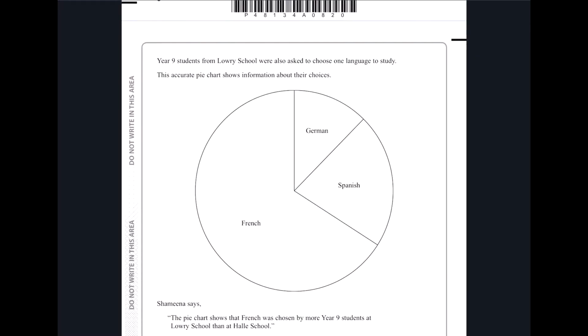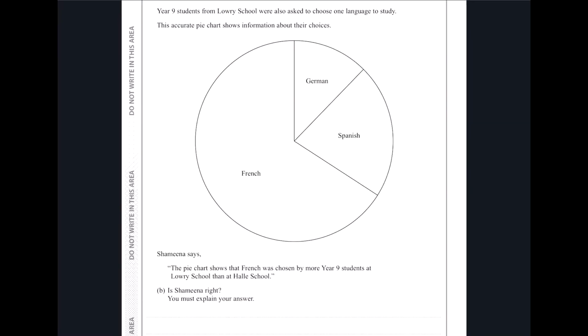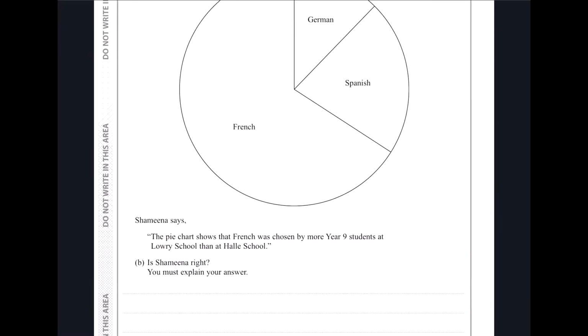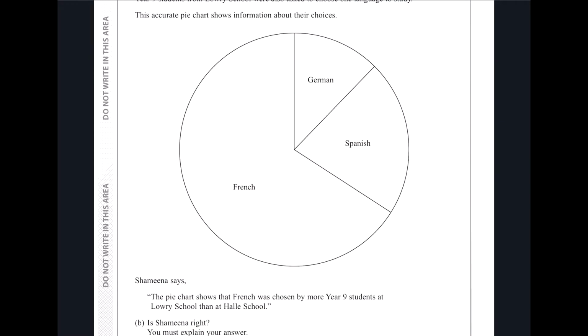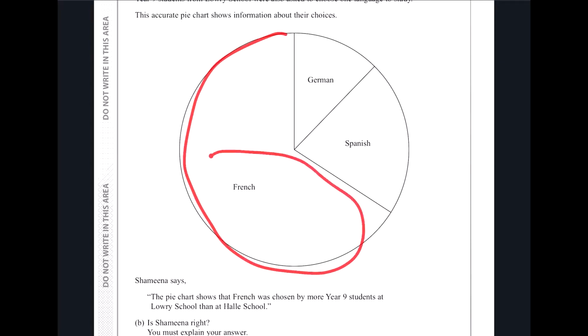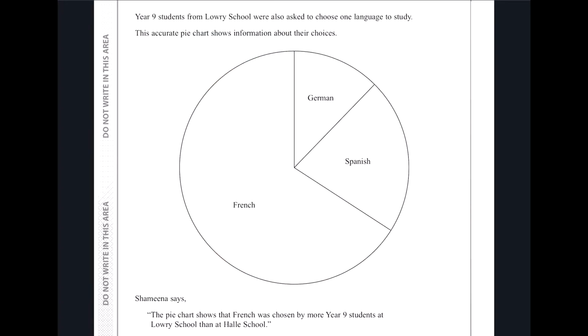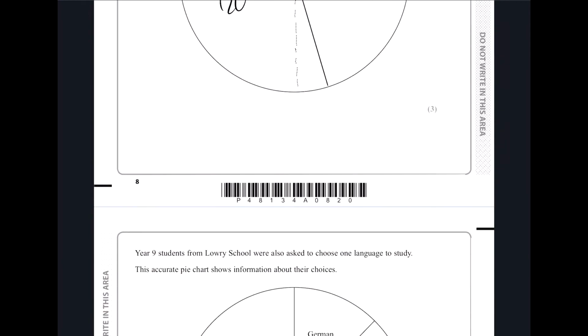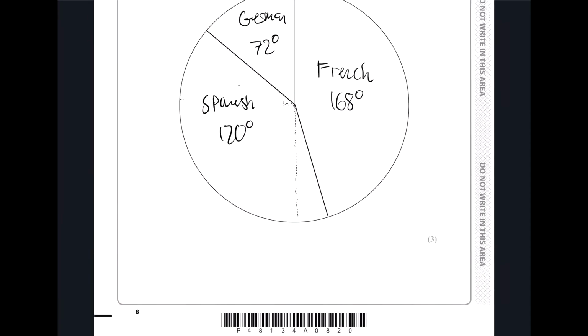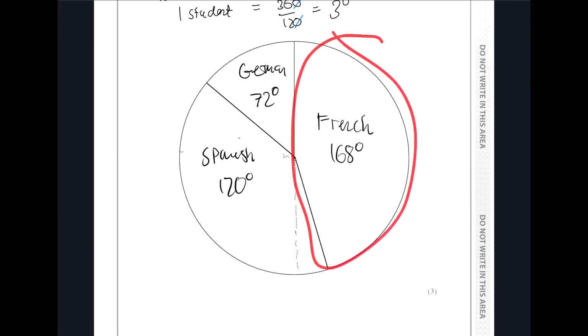So now it says that a different school did the same thing, and then we have this. And it says the pie chart shows that French was chosen by more Year 9 students at Lowreed. Now, in this pie chart, for this school, the French region looks at least a lot bigger than the French region in our initial one.